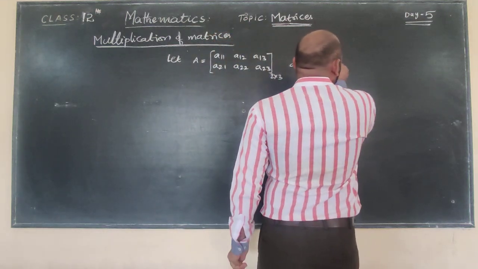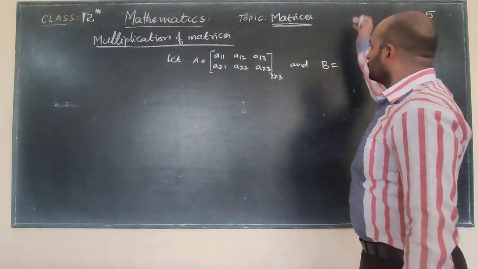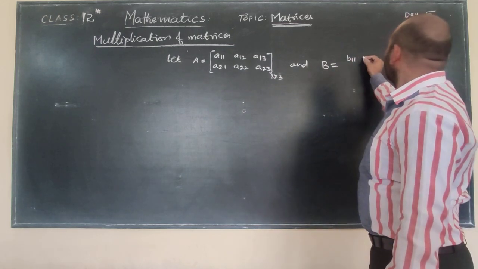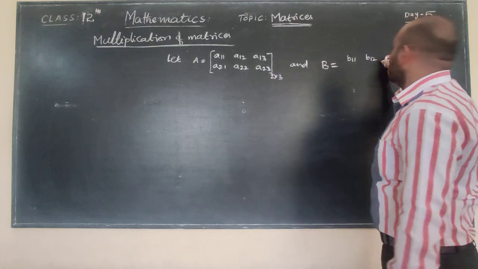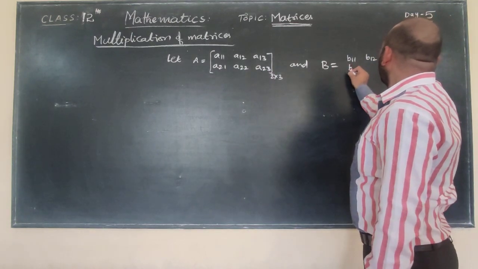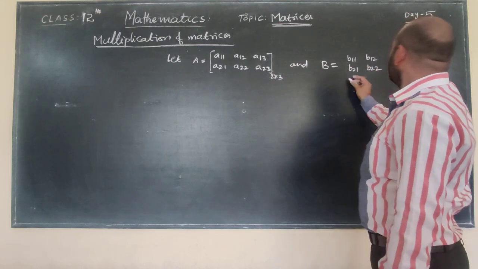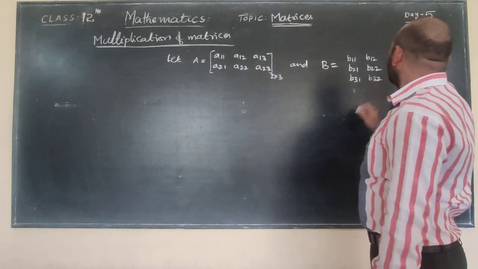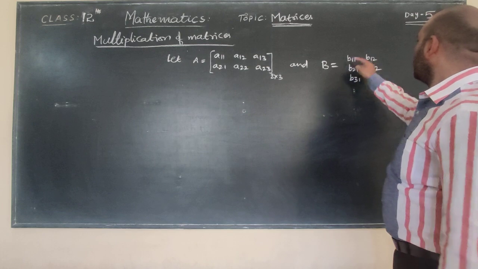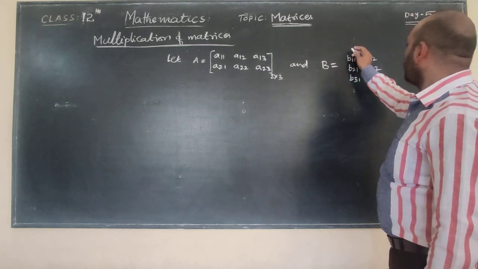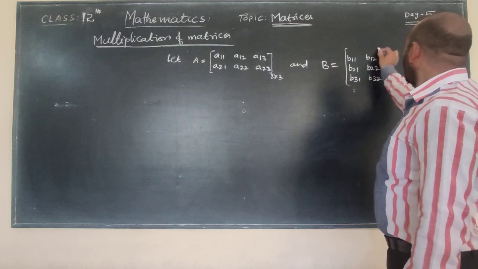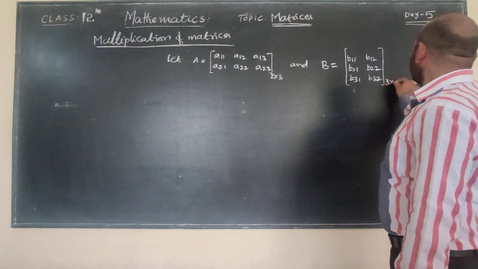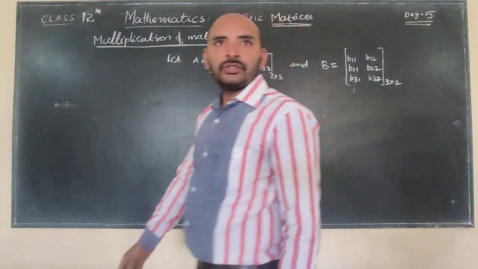Another matrix B has the elements B11, B12, B21, B22, B31 and B32, with 3 rows and 2 columns.